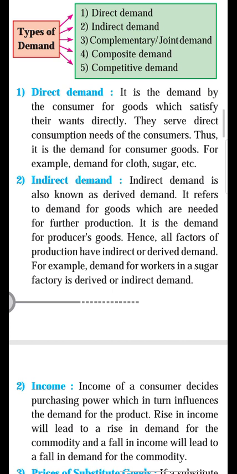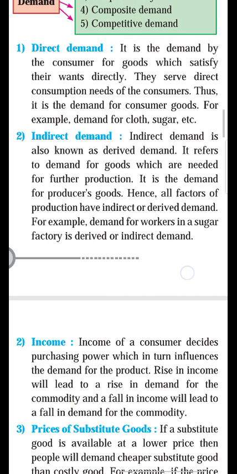All consumer goods are direct demand and all producer goods are indirect demand. Direct demand is also known as conventional demand, and indirect demand is also known as derived demand. You can write this by comparing the two, direct demand and indirect demand. A commodity that satisfies the human wants indirectly is called indirect demand.